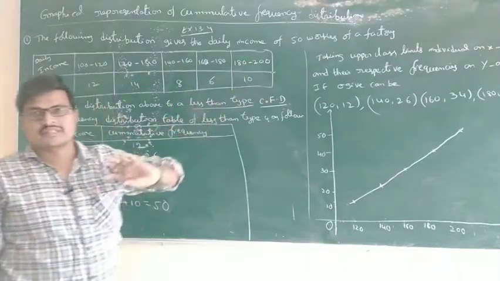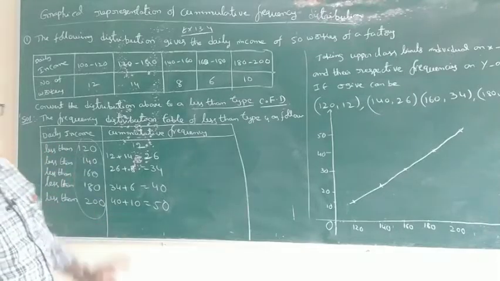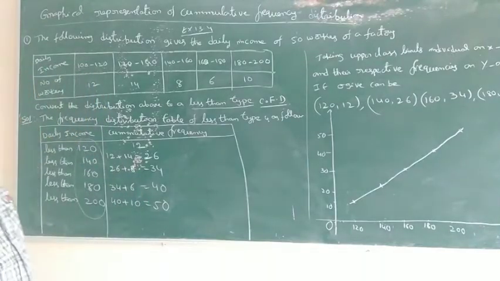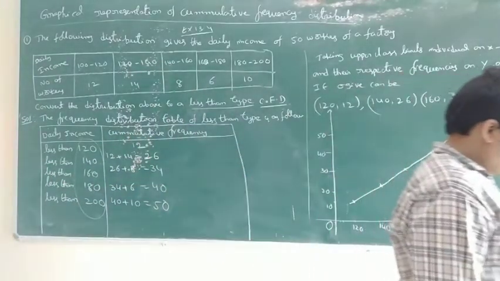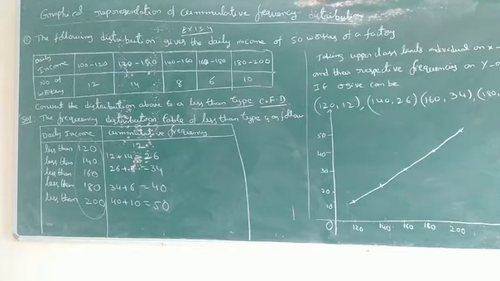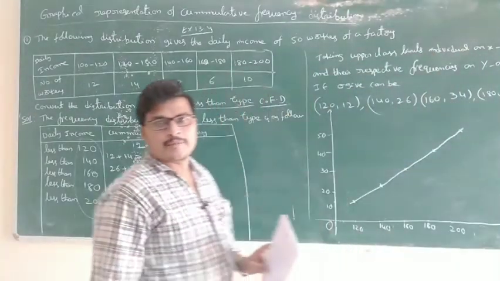These are different, so a small confusion is there. So observe sincerely. This is the first problem, the less than type cumulative frequency.